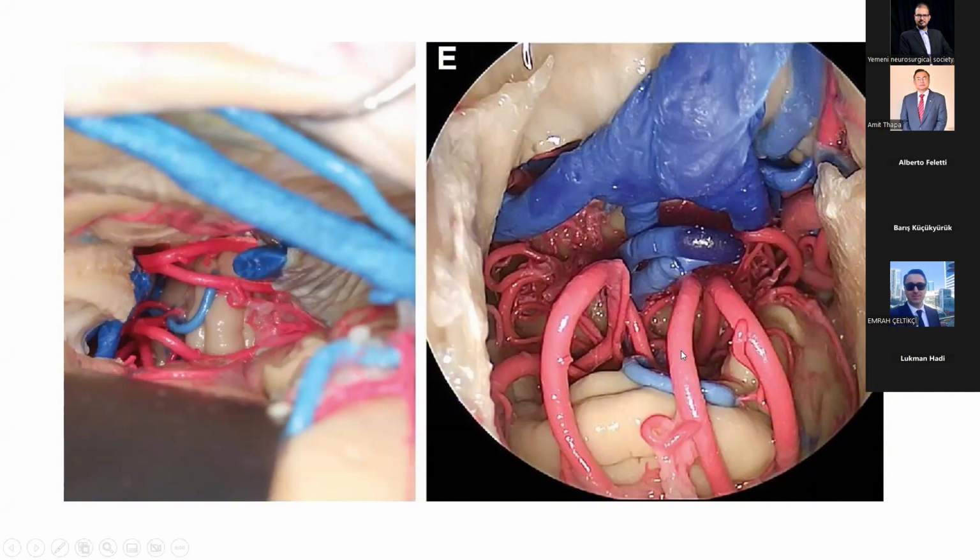Here is the interhemispheric, and here is the supracerebellar infratentorial approach with an endoscopic view, and we see the vein of Galen and the basal veins, including the posterior cerebral arteries again aligning together. So this drainage is very important, as you see, both in supracerebellar infratentorial and in interhemispheric approaches.